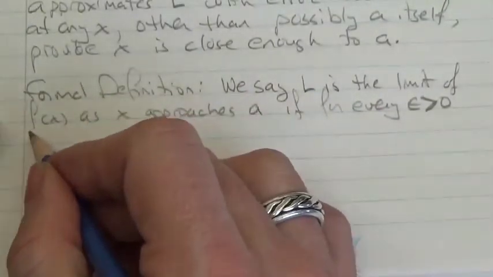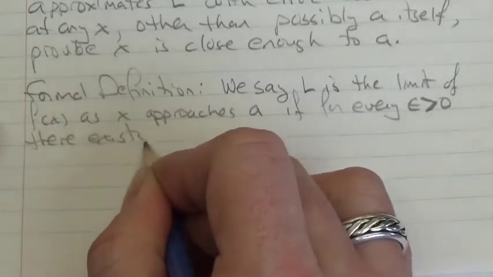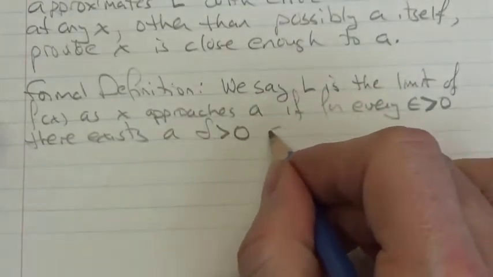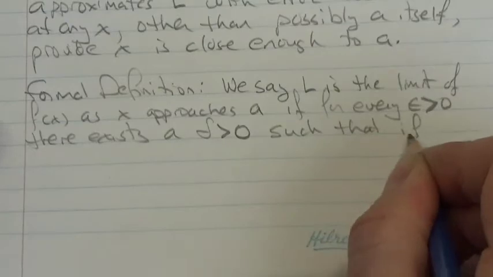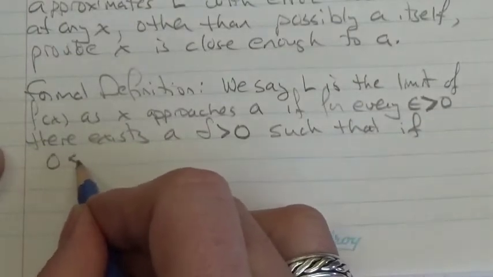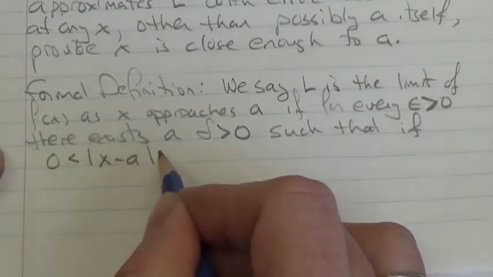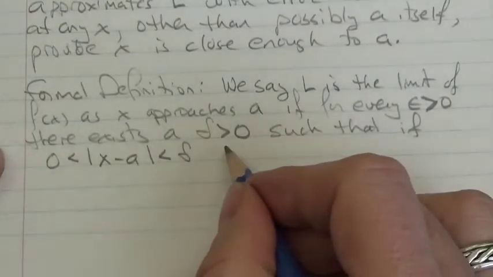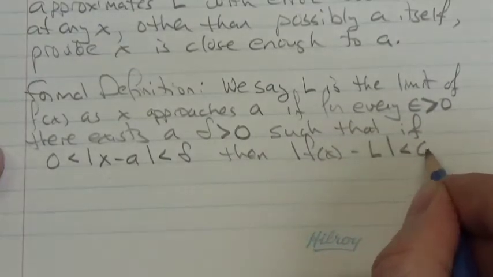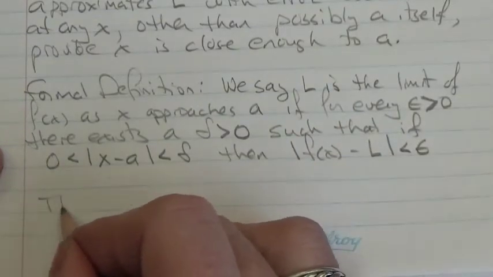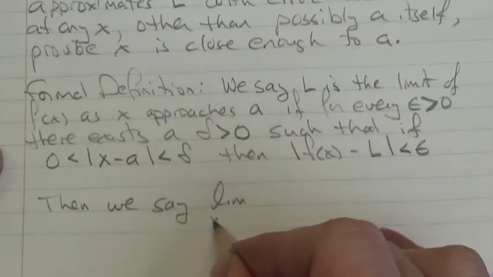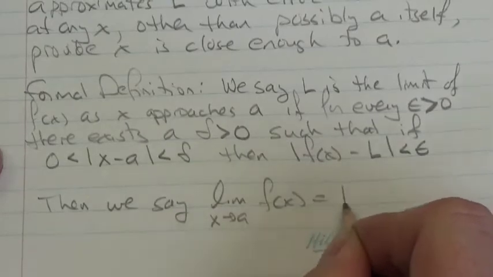If for every epsilon greater than 0, there exists a delta greater than 0, oh boy, such that if the absolute value of x minus A is less than delta, then the absolute value of f of x minus L is less than epsilon, then we say the limit as x approaches A of f of x is equal to L.